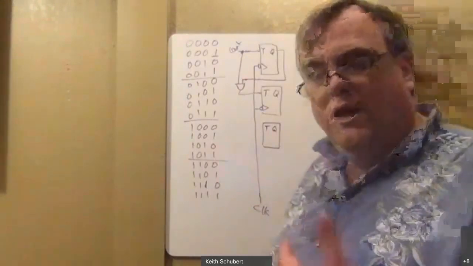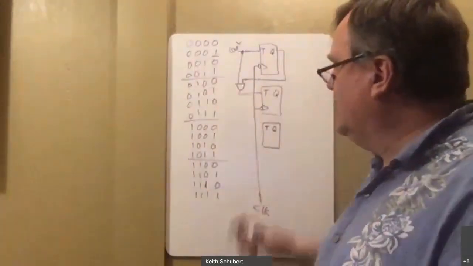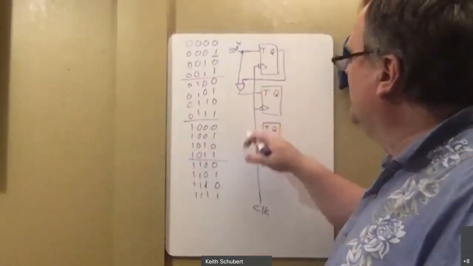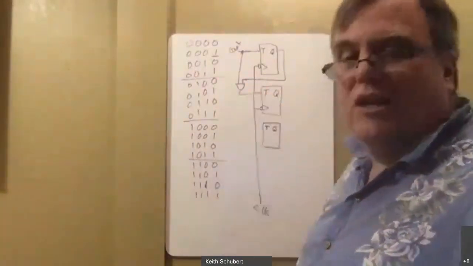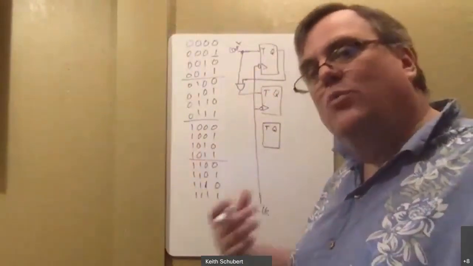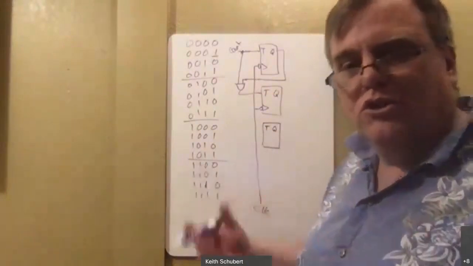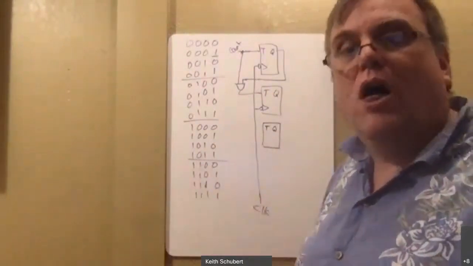Could I do a Mux design? I could. Again, Mux designs are nice and elegant, but then I'd have a multiplexer at each one of these, and it turns out it's a much simpler circuit for that. So while a Mux design would work, it's like the old expression, using a sledgehammer to swat a fly.